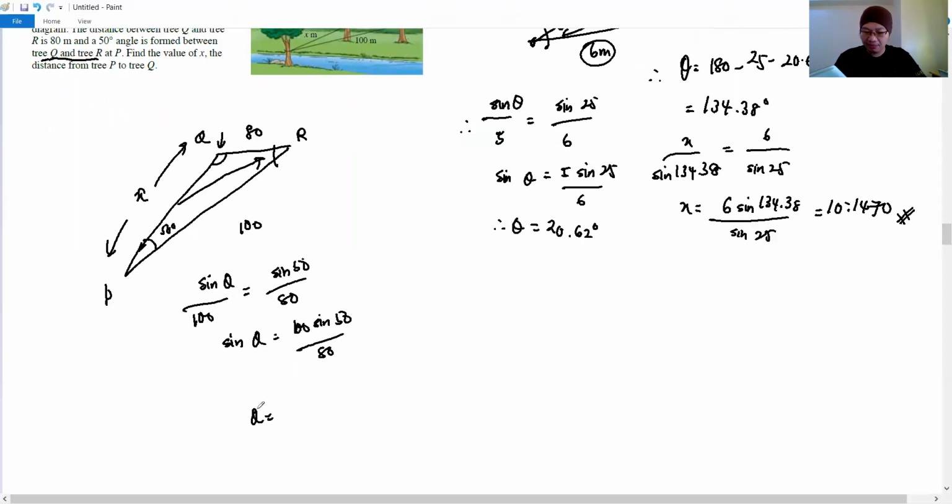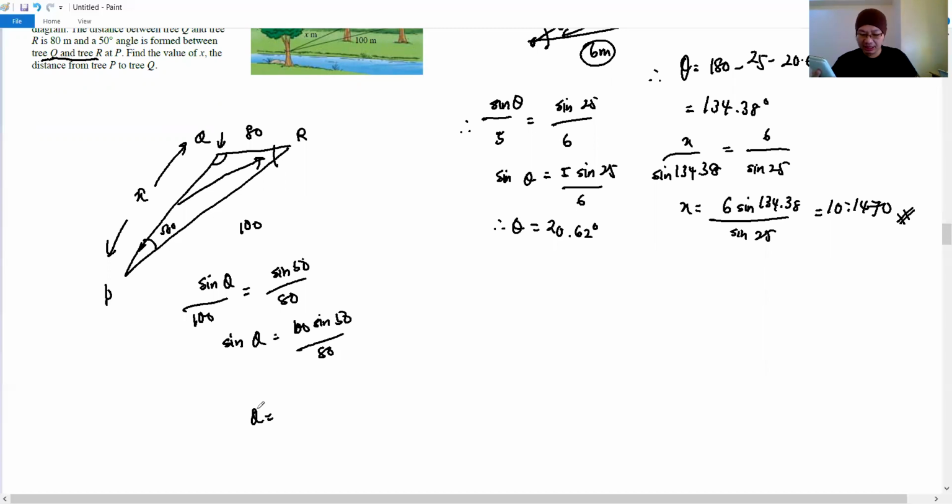Please calculate and double check my answer, correct or not? 100 sine 50 over 80. So this is what we are supposed to get, 0 point something. Then we shift inverse, and 73.24 is the final answer.